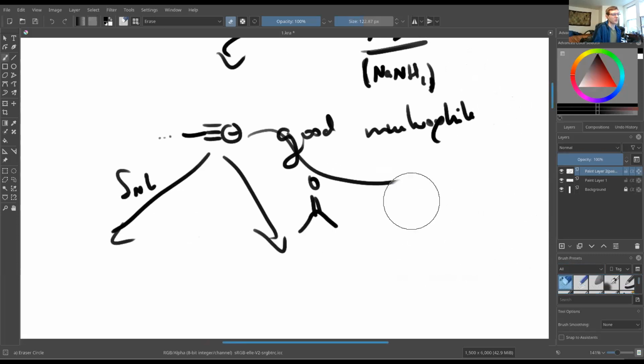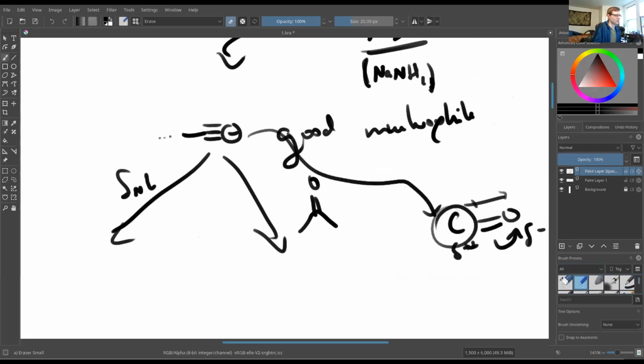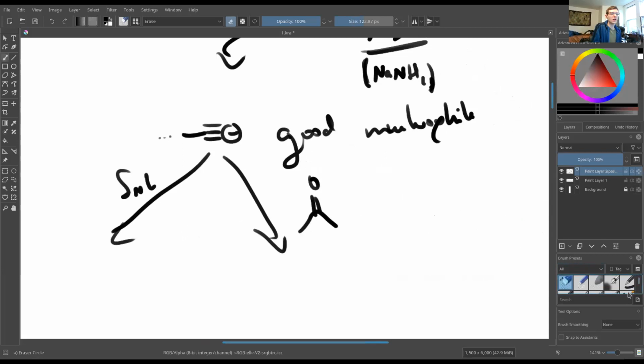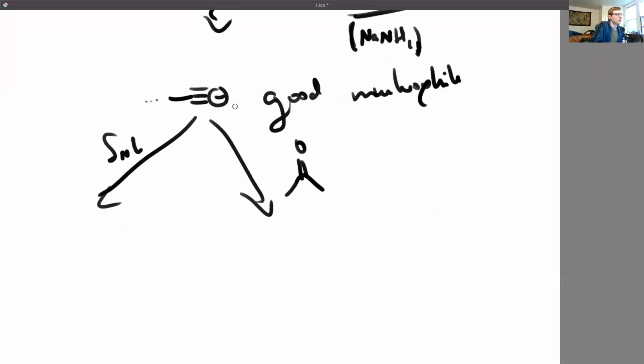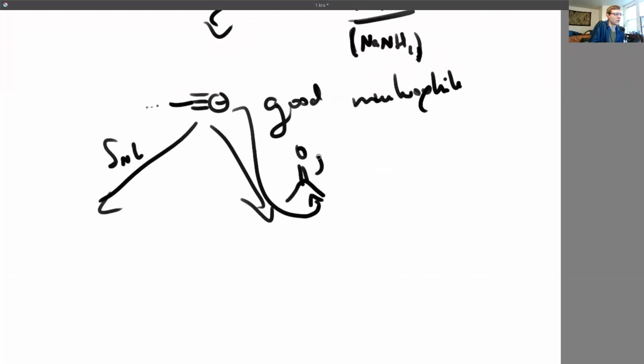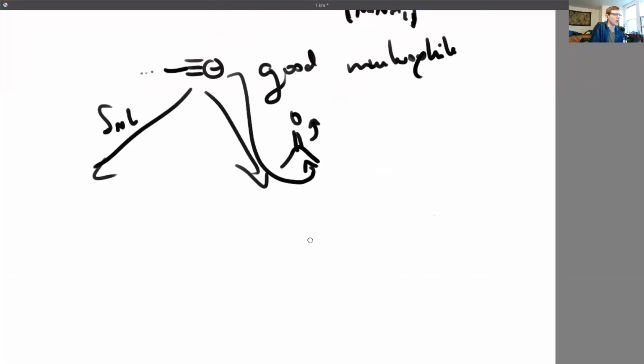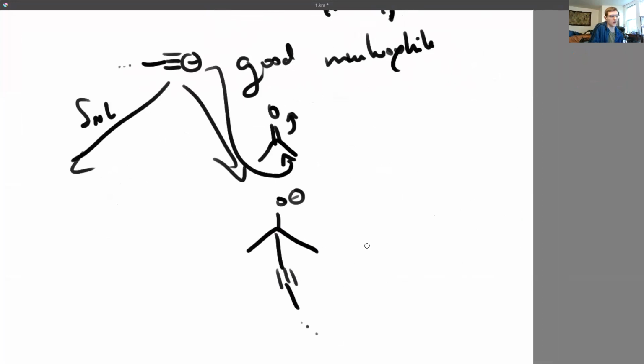Yeah, and so without all this extra stuff, we just get rid of it like this. Okay. So without all this extra stuff, these electrons can go up here, kick them up to the oxygen, and so we wind up with an O minus here. Okay.